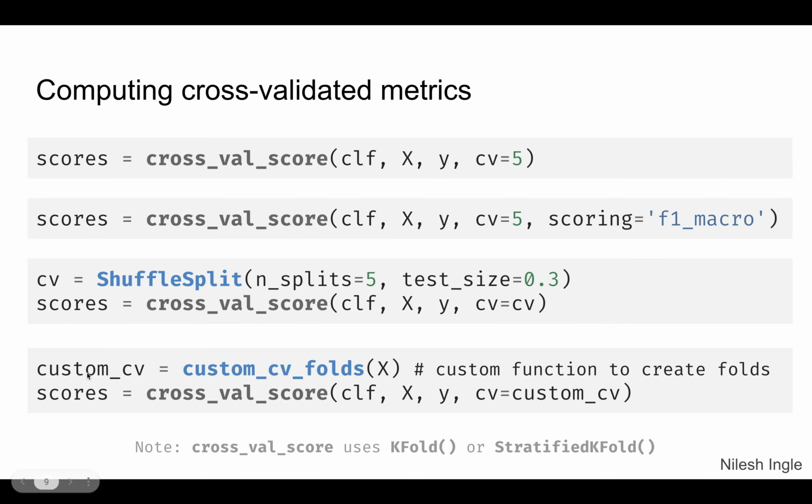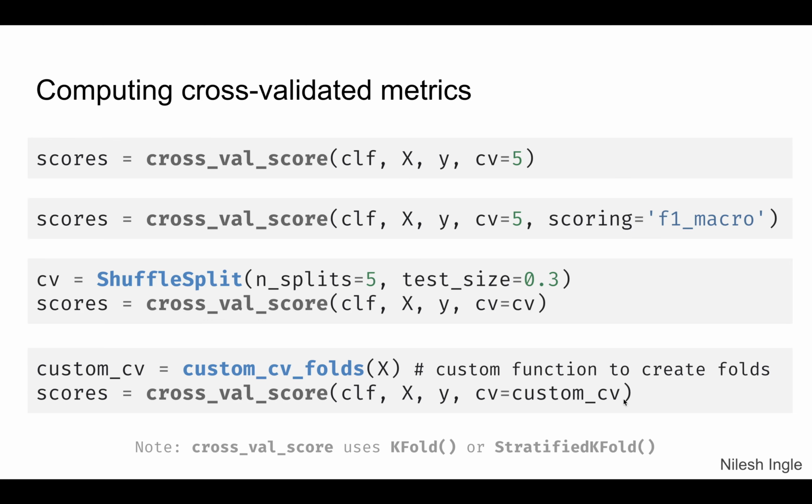Next, there is also a provision for using a customized split. If there is a specific way in which you need the data to be split for cross validation, then there is a function called custom_cv_folds in scikit-learn. You can use that, and then that can be input here. There is a typo here.